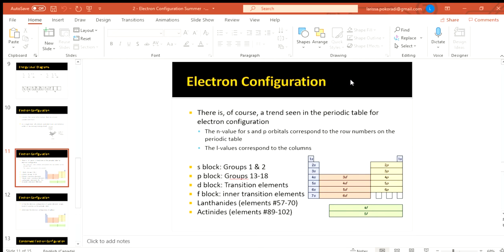Helium would be a 1s with a superscript 2, because now we've got 2 electrons for helium, right? Our principal number would get bigger as we go down. We've got the 2 S's, 2s1, 2s2, 3 S's, 4 S's, 5, 6, 7 S, 7s2. That's our S block. Cool.